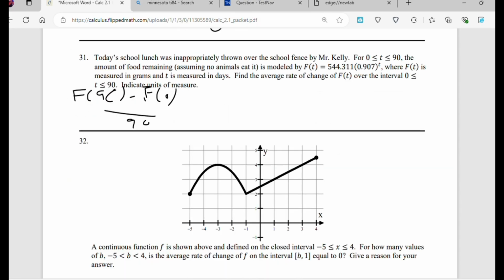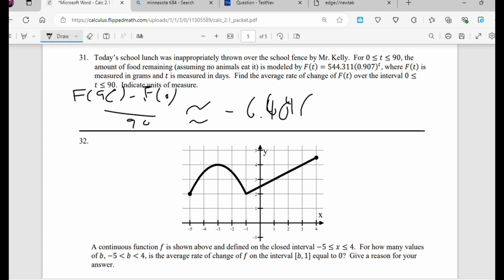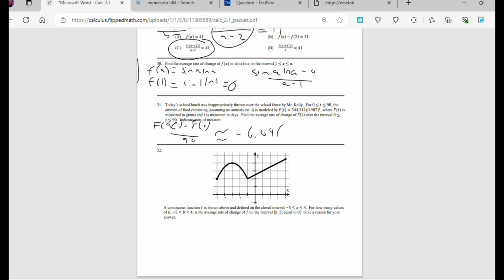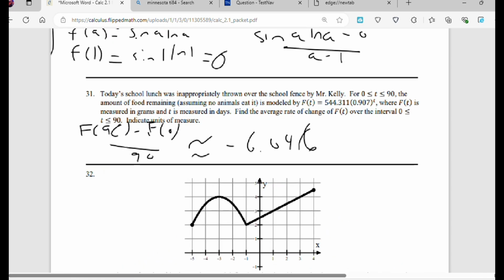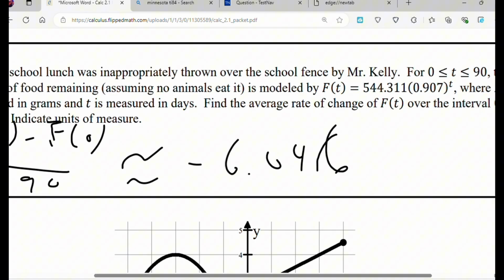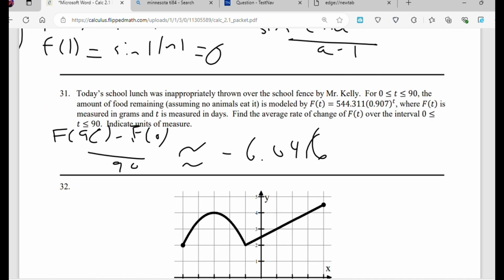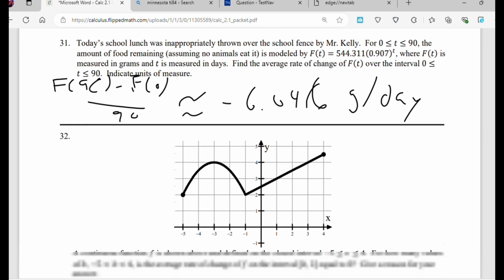That's what I'm gonna go with. Negative 0.4. Sorry, 0.4, let me just erase that. 6. Oh my goodness. Okay, and then we have units. We have grams per day.